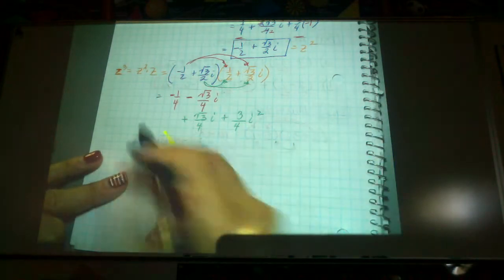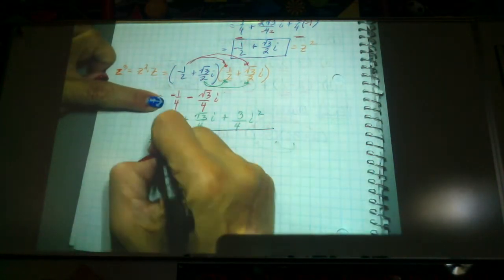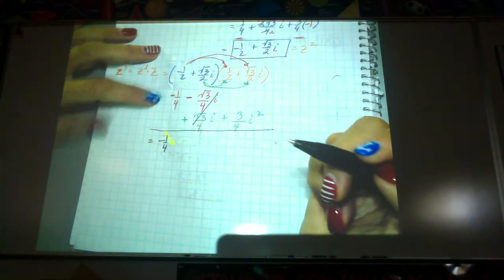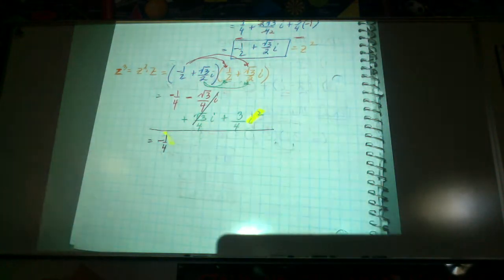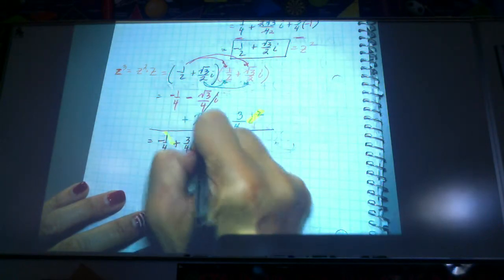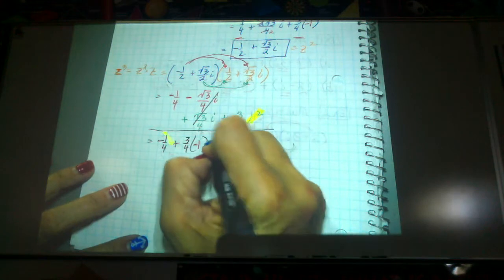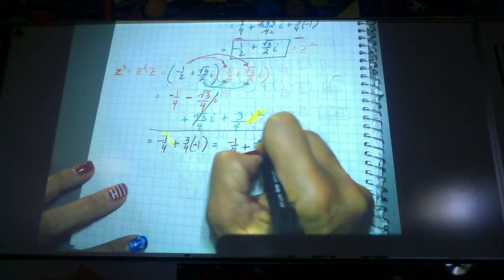So then we end up with negative 1/4. These cancel. Because I'm going to replace the i squared, this becomes plus 3/4 times negative 1. Doesn't this equal negative 1/4 plus a negative 3/4?